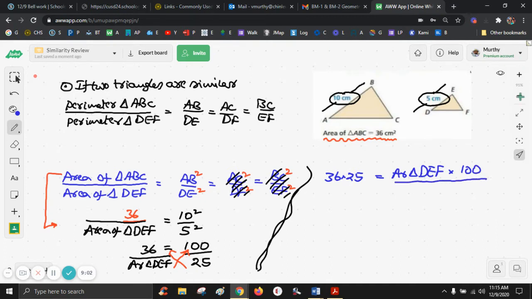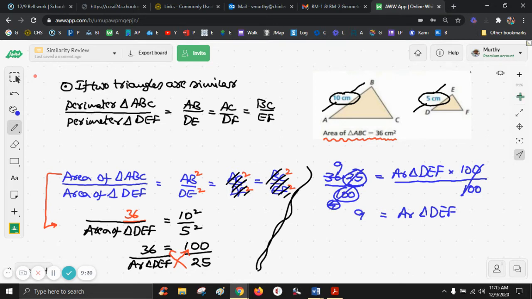We go for inverse operation and divide by 100 on both sides. So 100 over 100 gets cancelled. The area of triangle DEF equals, let me not use the calculator, 25 ones, 25 fours, 4 times 9. So here it is 9 square units.